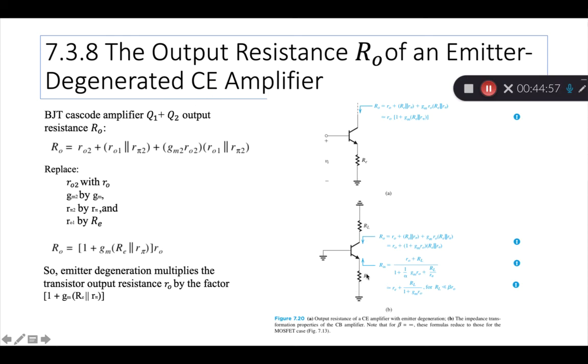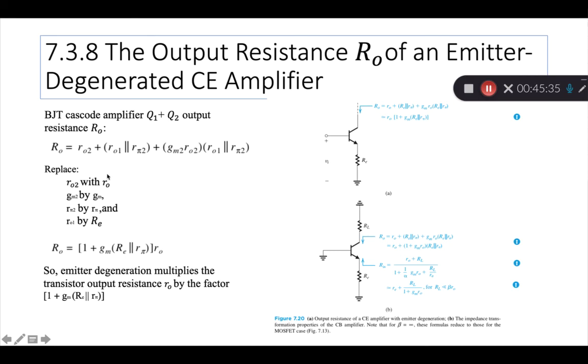That means if you have an emitter resistance in a CE amplifier, then finding the output resistance of such a simple CE amplifier, no cascoding, but just an emitter resistance, the method to find it and the form of the formula follow what we did for the cascoded amplifier.